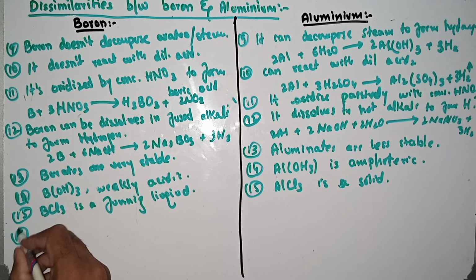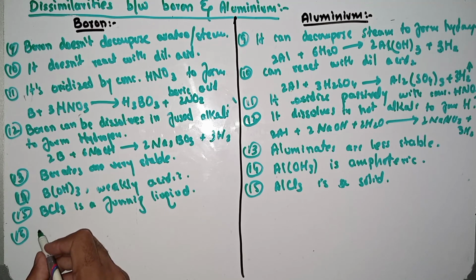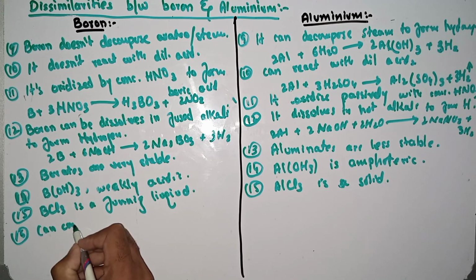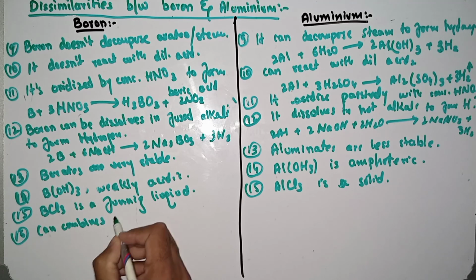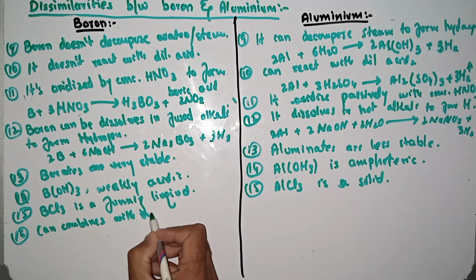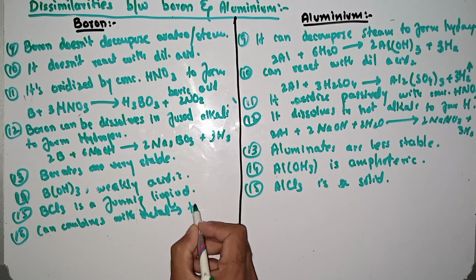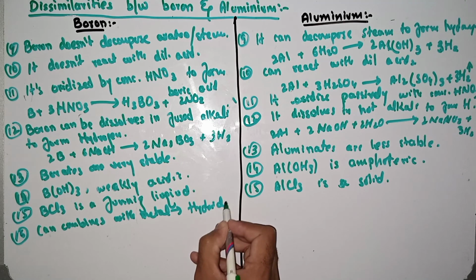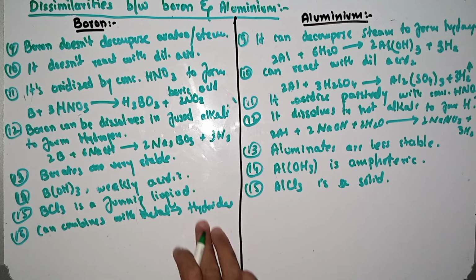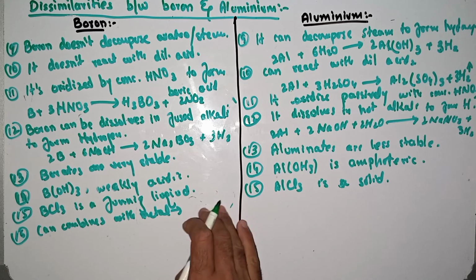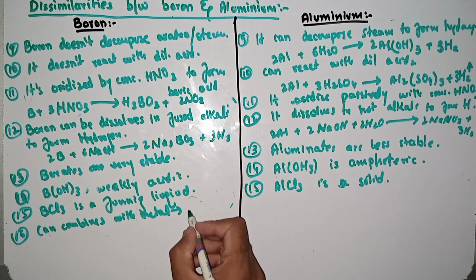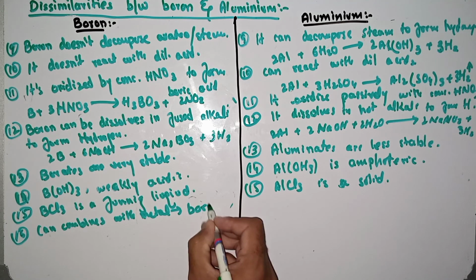Also, boron can combine with metals to form hydrides. Sorry, not hydrides, to form borides. The hydride would be the addition of hydrogen. It will form borides.